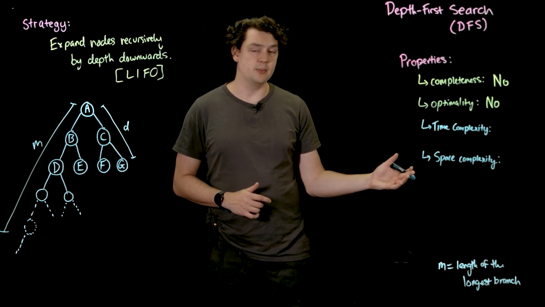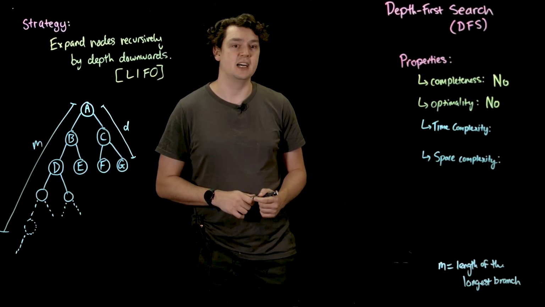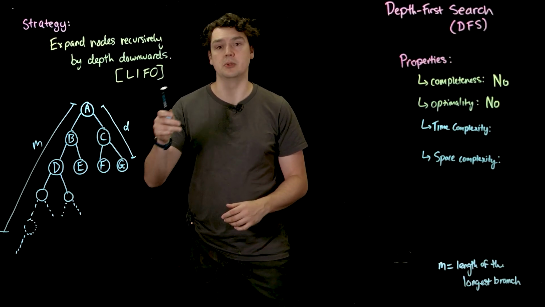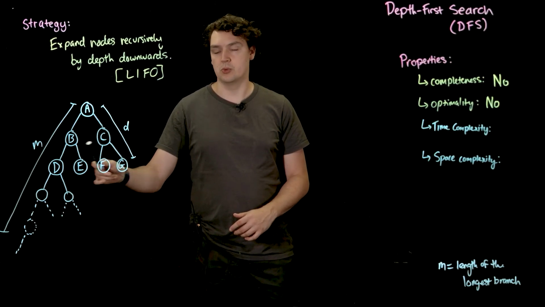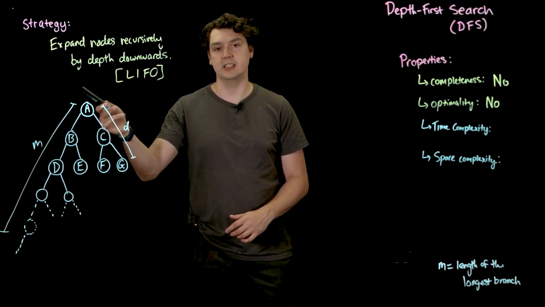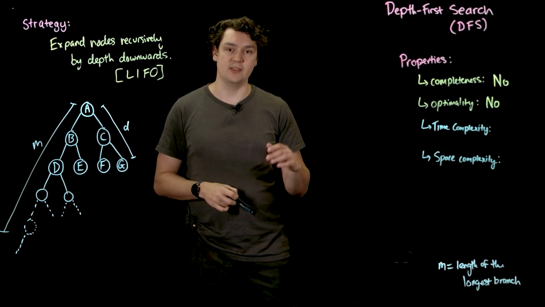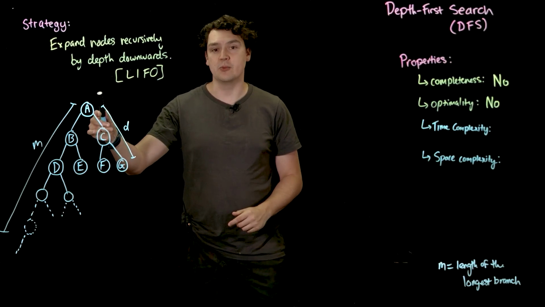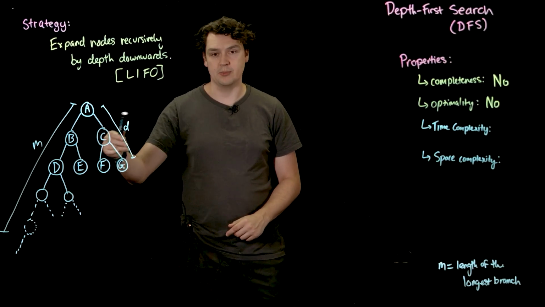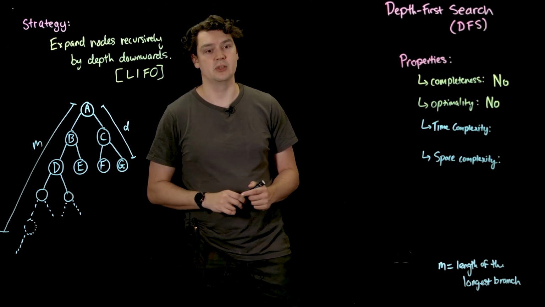Okay, so now with M defined, we can return to the space and time complexity for DFS. For BFS, at every branch there are B decisions you can make, and it goes to the power of however far the depth of the solution was, so we would have O of B to the D. The difference here is that we may have to expand the branching decisions all the way down to however far M goes.